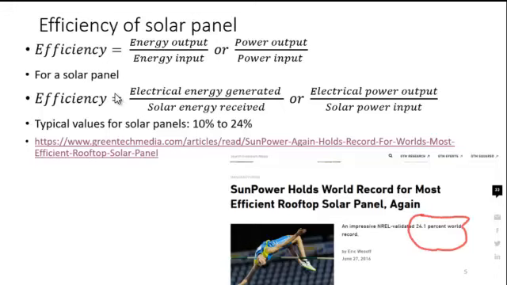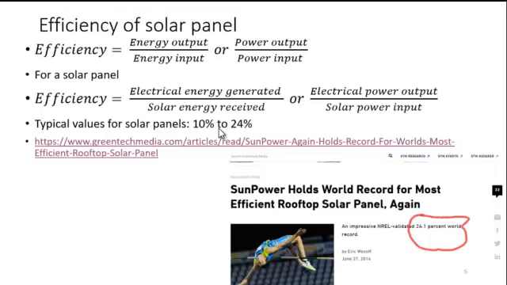So for our solar panel here, what we need to measure is how much electrical energy is produced or generated by the panel versus how much solar energy it received in the first place. Or if we express those things in power, measure the amount of electrical power output versus the solar power input. Typical values for solar panels are somewhere around 10 to 20%.